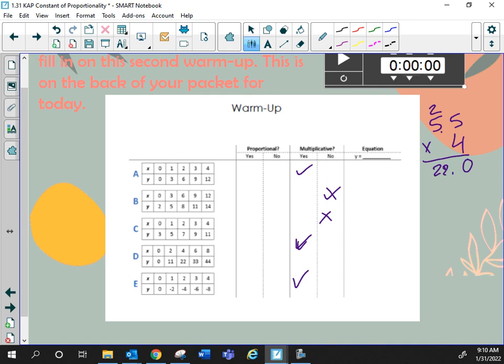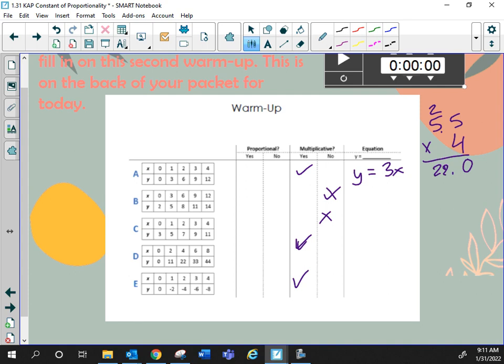All right, so we already sort of wrote some of the equations for those. So for A, we said that y is equal to 3x. Do I need to add or subtract anything? No. Okay, that's the whole point of being multiplicative: you don't have to do anything extra. When it's the combination of the two, that's not multiplicative. B, what is the equation on B?